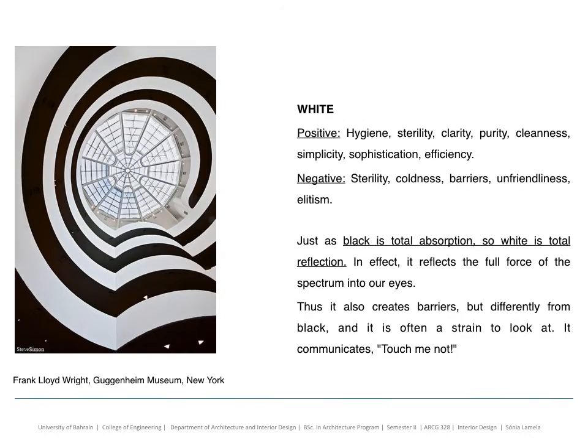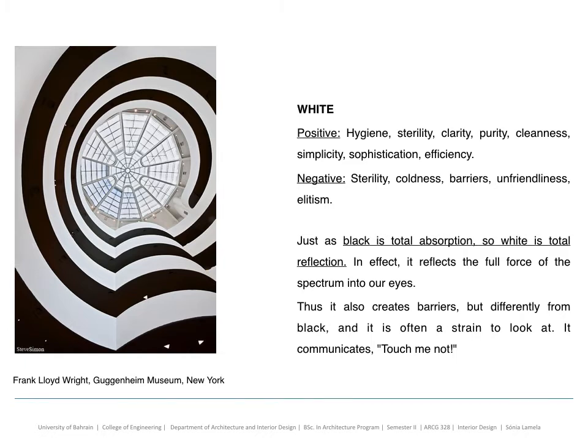Black is the total absorption, so there's no wavelength reflected. The white is a total reflection, exactly the opposite. You can see here that it could be related to purity, simplicity, sophistication, but at the same time could look a little bit cold or unfriendly.